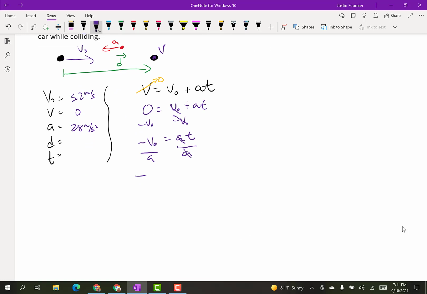Negative v naught over a is equal to the time, so it's negative 3.2 divided by my acceleration, which is 28. Calculating this out, I get negative 0.11 seconds, which basically means I made a mistake.